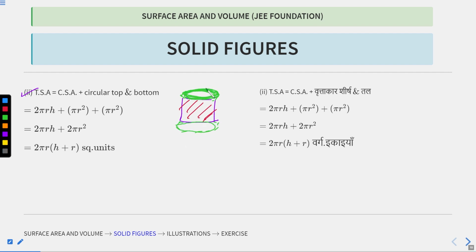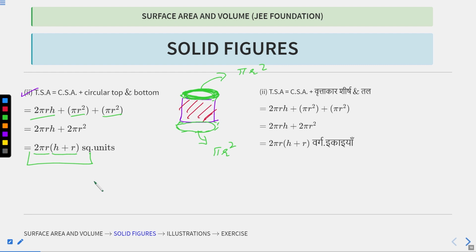We already know the area of a circular part is pi r square. So we add all of these values: 2 pi r h plus 2 pi r square, and we will get this formula. Okay, so 2 pi r times h plus r.